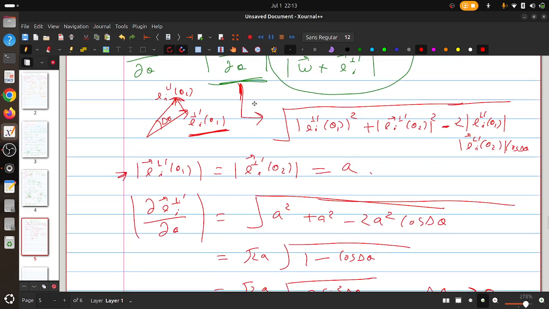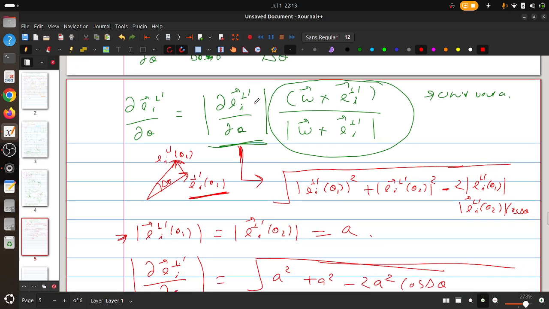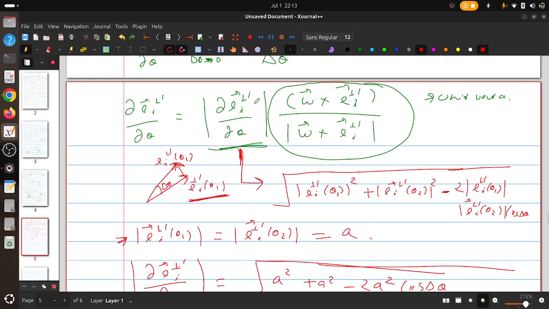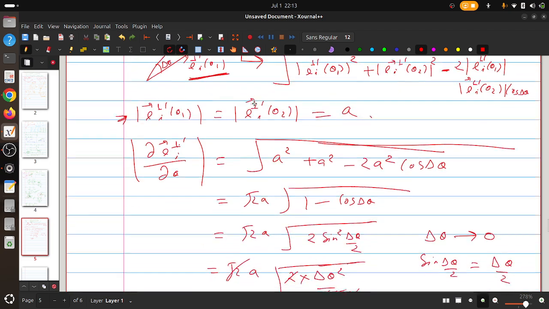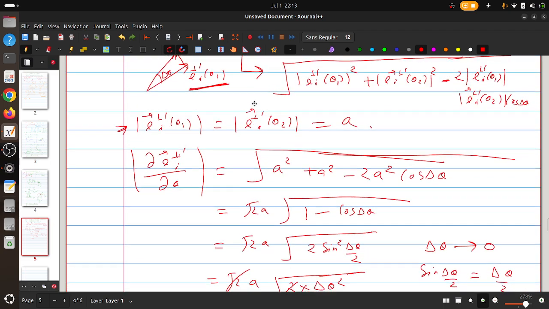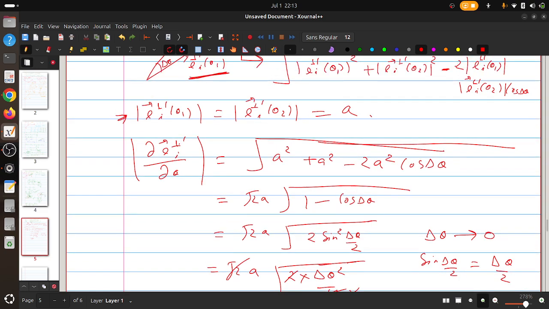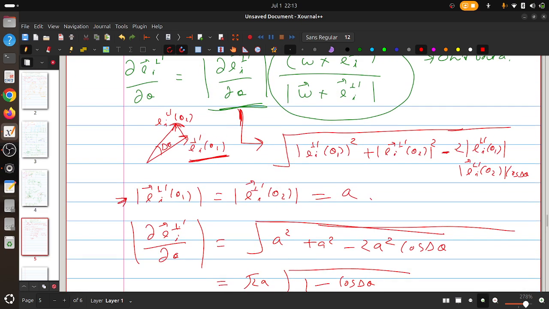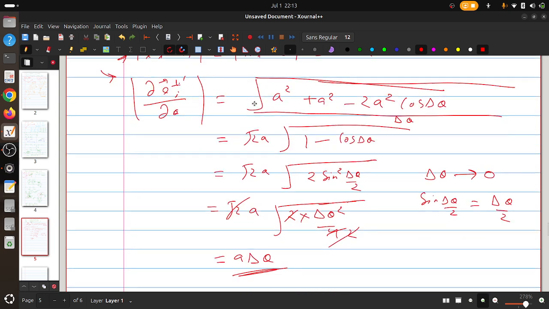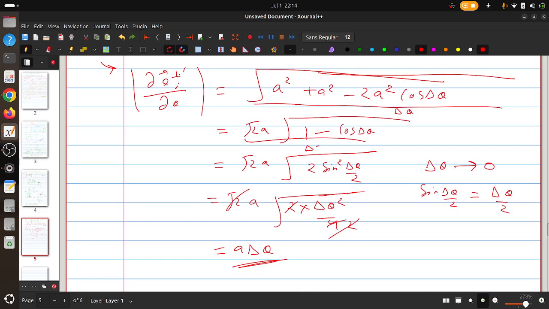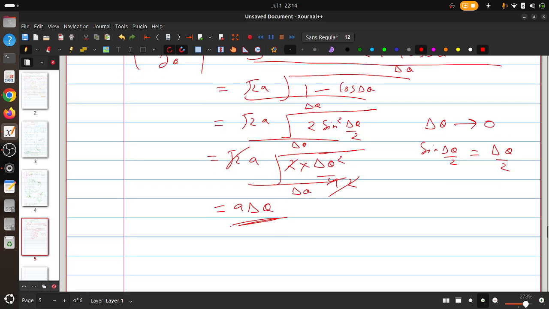And this is the differentiation here. I think I missed something. Okay, fine. When I write the differentiation, it is basically the subtraction of the two vectors. So it will be the magnitude of the subtraction, and it should also be divided by delta theta. Everywhere it is divided by delta theta, so here also it gets divided by delta theta and cancels.